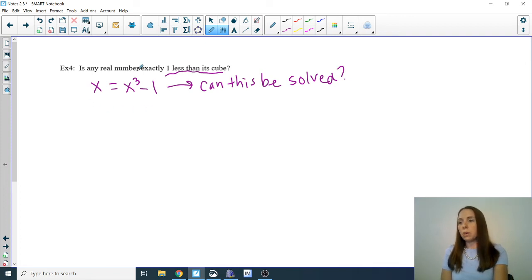Well, I'm going to rearrange this equation a little bit. I'm going to put it in standard form. We could write that as x cubed minus x minus 1. So I'm subtracting the x. And if I'm subtracting the x, that means I have a 0 on the other side. Now we're asking, can this be solved?